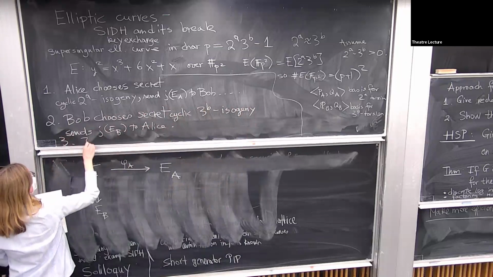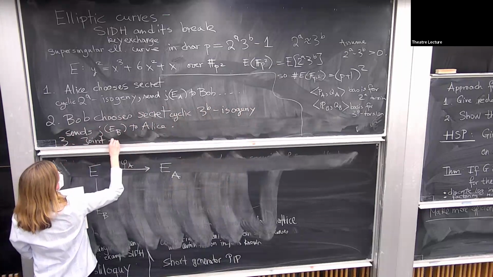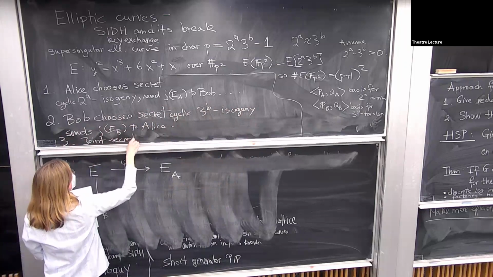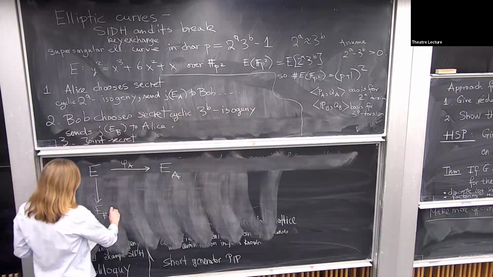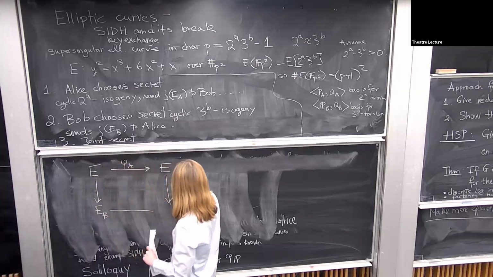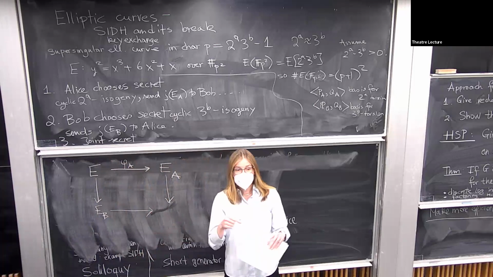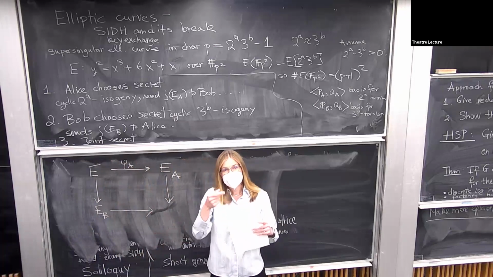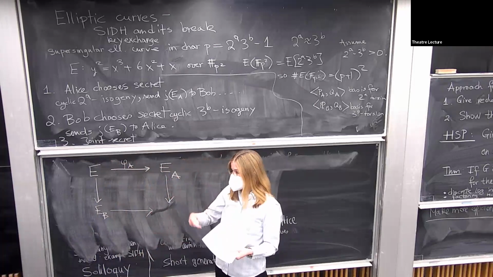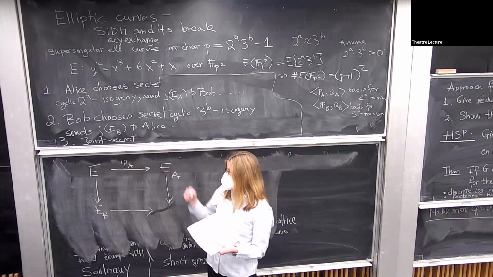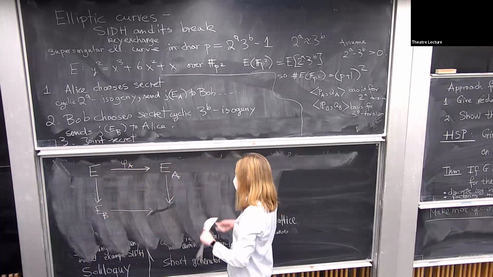And now the joint secret, and this is why Diffie-Hellman shows up. If you're familiar with the regular Diffie-Hellman key exchange, where one person knows the secret A, the other person knows only what it looks like raised to the exponent, but together they can do it.